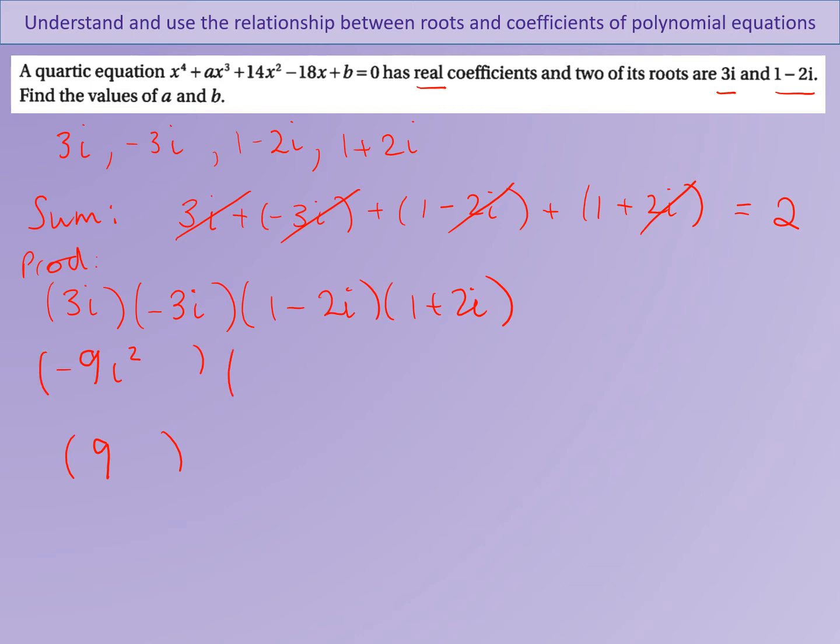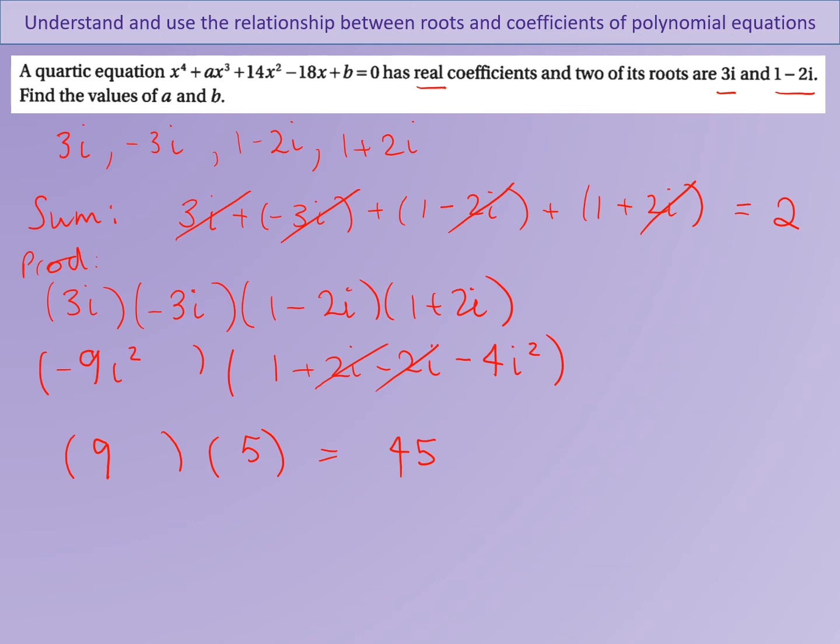If we multiply those out, that gives us 1 plus 2i minus 2i, that would be minus 4i squared. The middle terms will cancel, and for the minus 4i squared, i squared is minus 1, that would give us plus 4, and 1 plus 4 is 5, so that gives us 45.